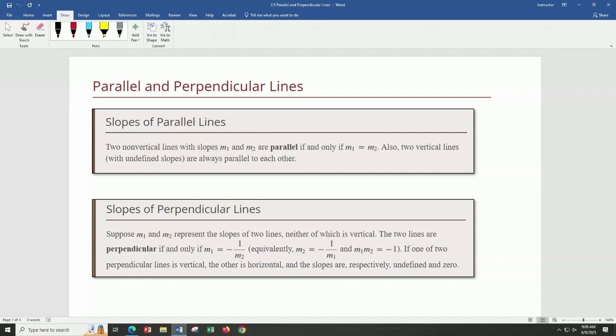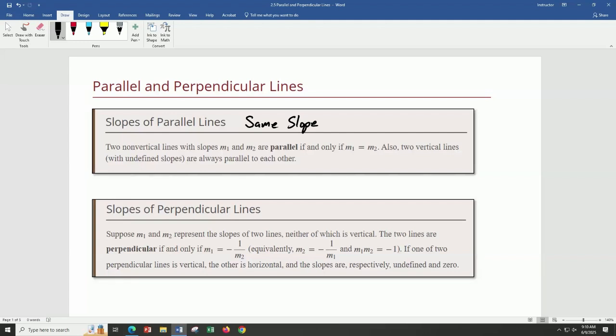So if I have a line over here that has this slope, M sub 1, and I have another totally different line over here with another slope, M sub 2, and those slopes are the same, say y is equal to 2 over 3x, and over here y is equal to 2 over 3x plus whatever. Same slope. If you have the same slope, they are parallel. That's what that said in a very mathy way.